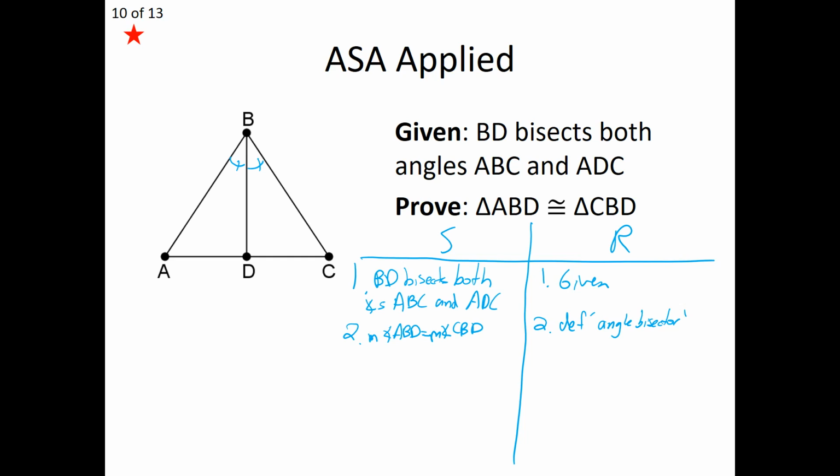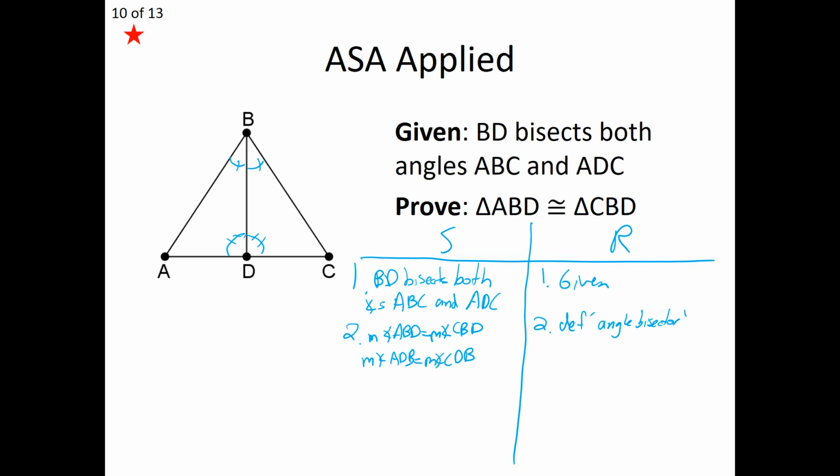What else can I say? Well, I have BD also cutting angle ADC in half as well. So I can say in the exact same step that the measure of angle ADB is equal to the measure of angle CDB, and that's the same reason, definition of angle bisector. So I know that these two angles here have got to be equal to each other.